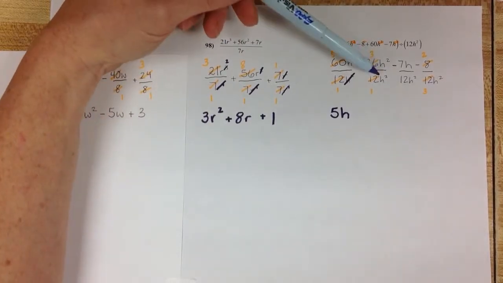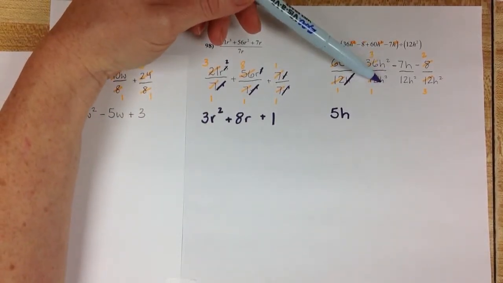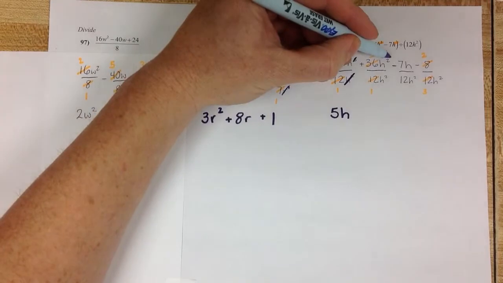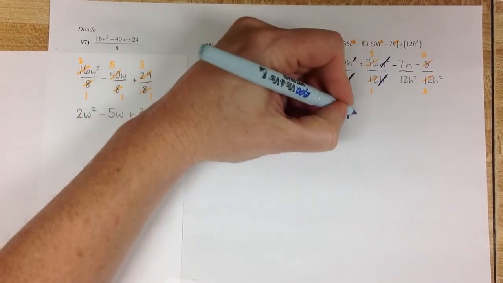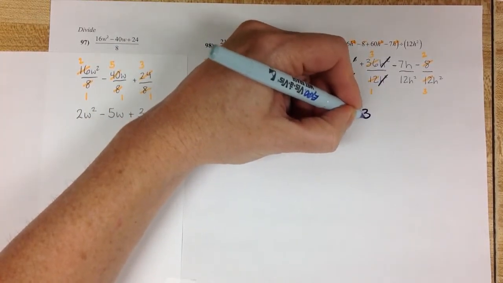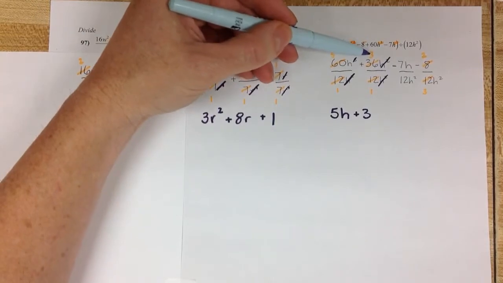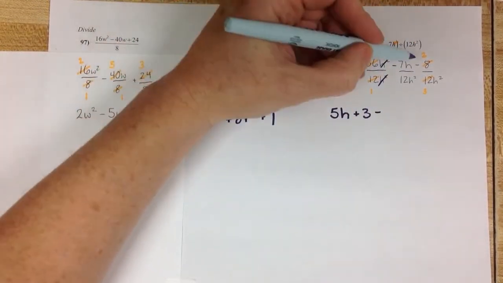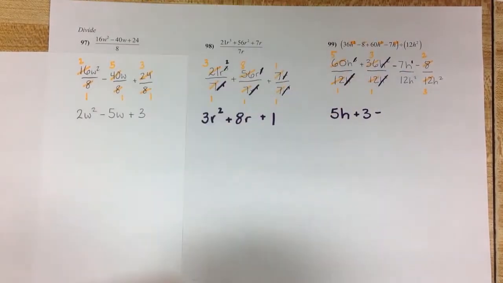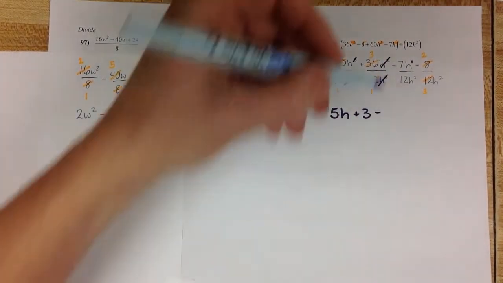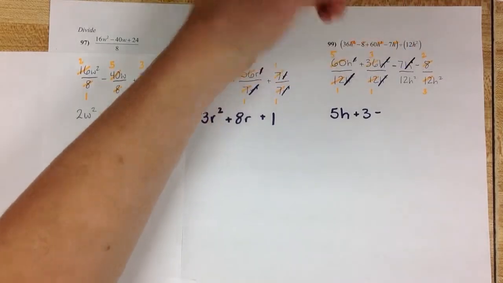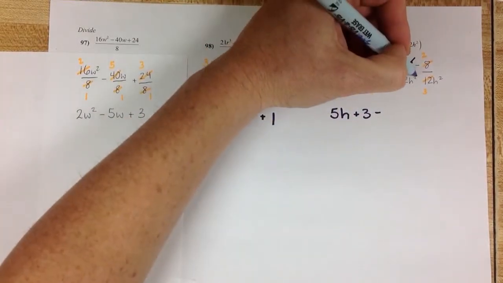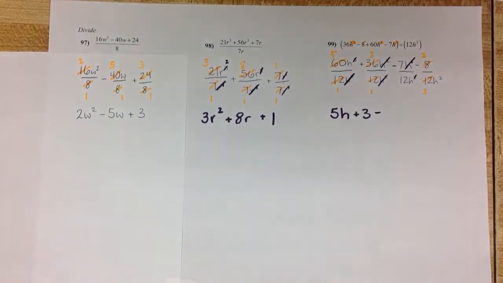In the second term, h squared over h squared, all the h's will cancel out. So all I have left is the 3. In my next term, there's one h on the top and 2 h's on the bottom. So in this case, my top h's are going to disappear, but I'll still have one h in the bottom.